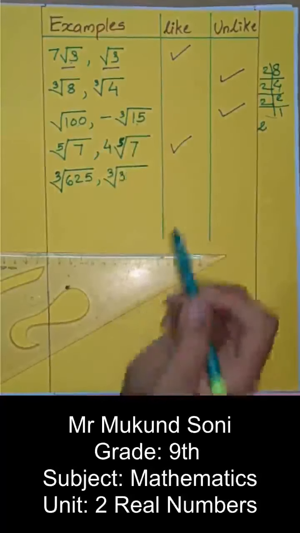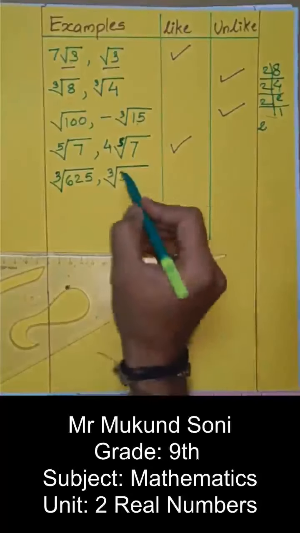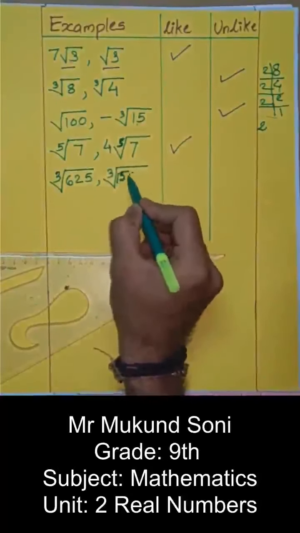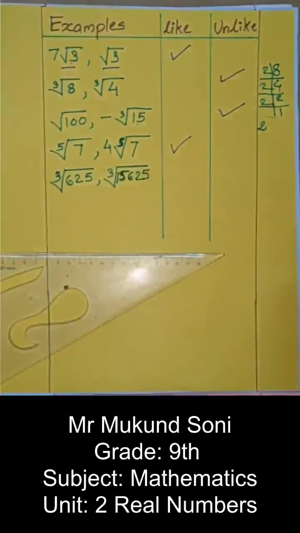What was it again? 625. These are the two examples which we are going to do.